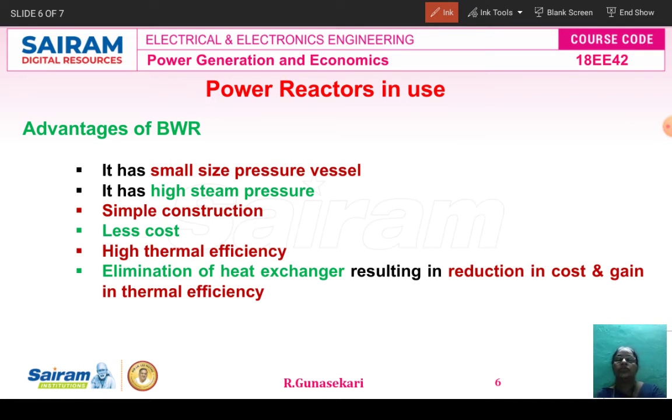The first advantage: a smaller size pressure vessel is used, it has high steam pressure, and the construction is very simple. The cost of the boiling water reactor is less. It produces high thermal efficiency.